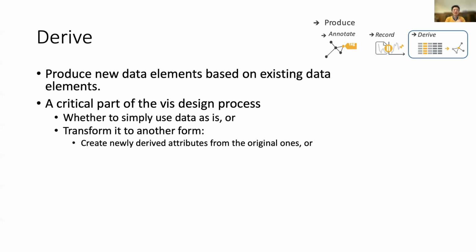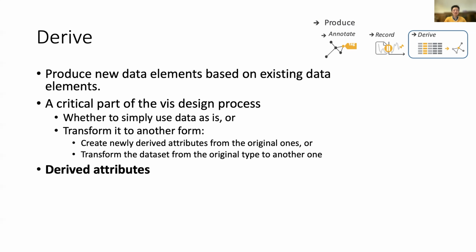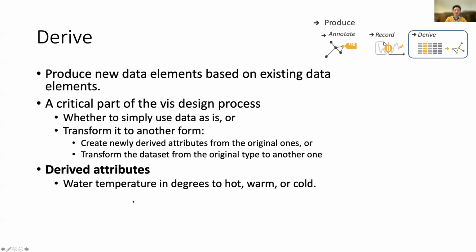And so you create newly derived attributes from the original ones, or you transform. So in terms of derived ones, something could be, for example, you have a water temperature attribute in your data set, and you can transform this into hot, warm, or cold.